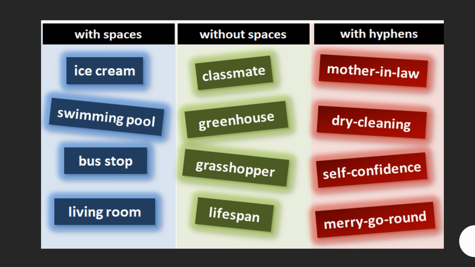Classmate, greenhouse, grasshopper, lifespan, we write without spaces. While mother-in-law, dry cleaning, self-confidence, and merry-go-round are words that we write using hyphens.